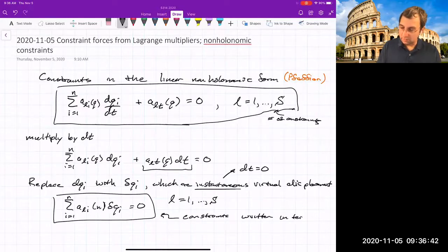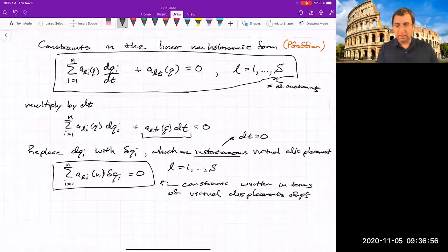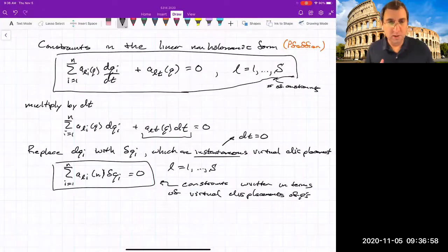So we've got S of these equations, and they are satisfied if the delta Qs satisfy the constraints.